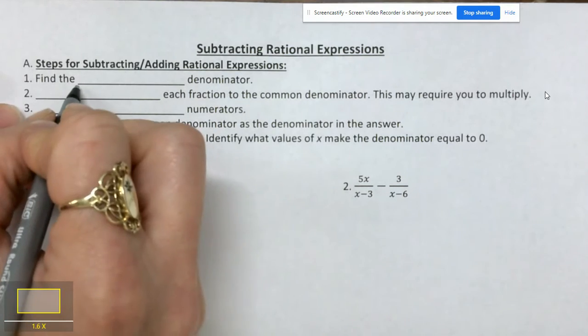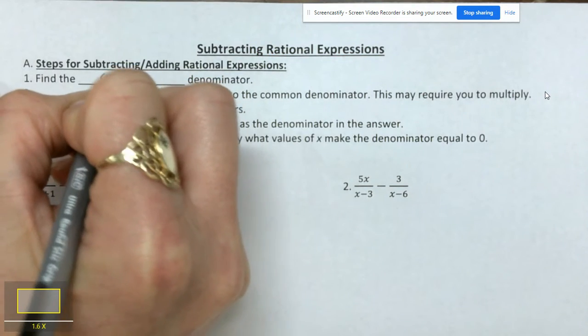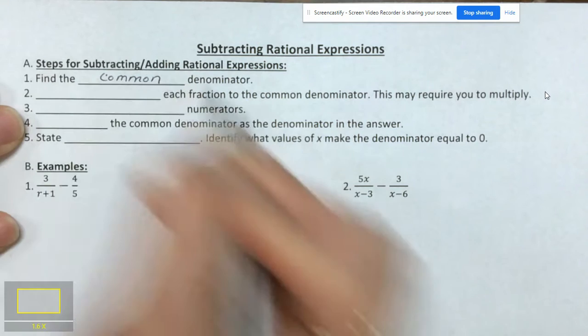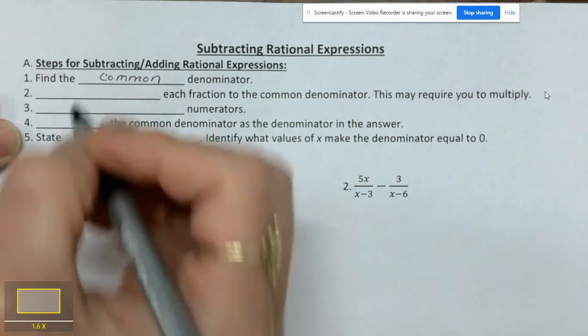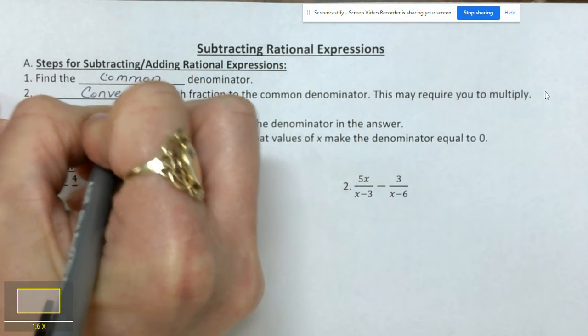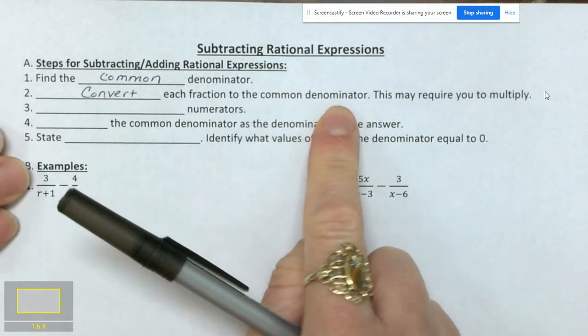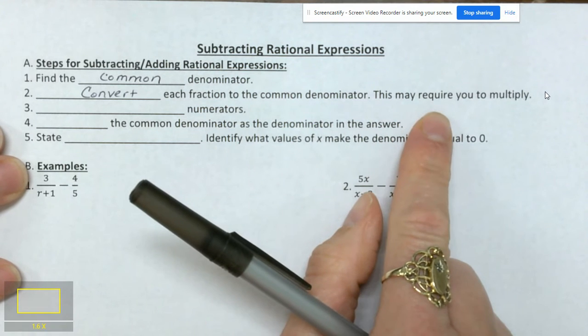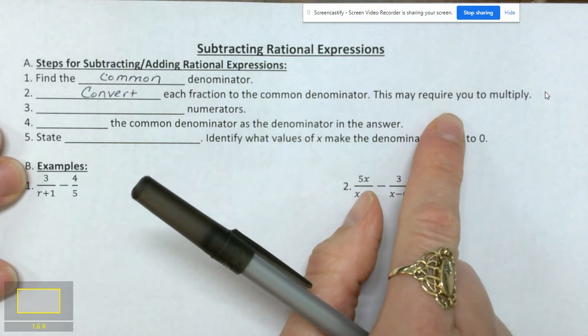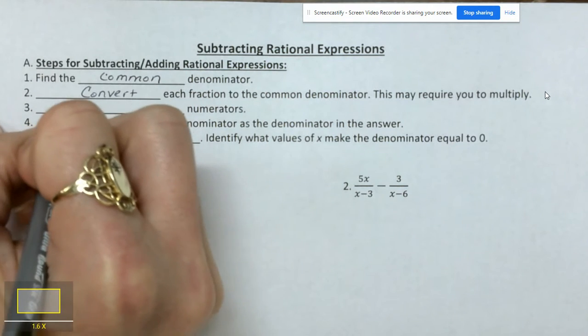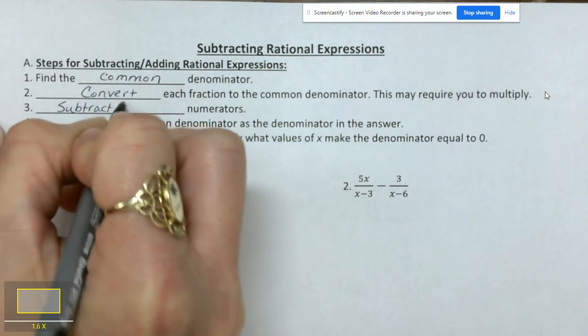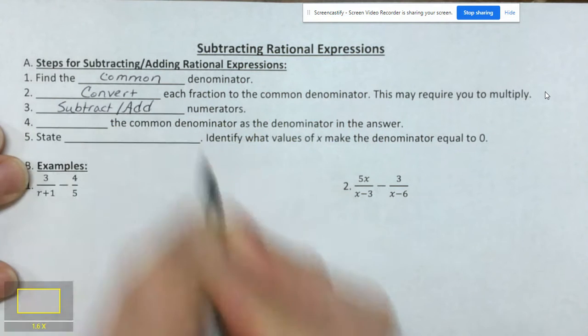So first, you're going to find the common denominator. We did that when we did addition as well. Then you're going to convert each fraction to the common denominator. And sometimes that may require you to multiply. And we did that when we added. Then you're going to subtract or add your numerators.